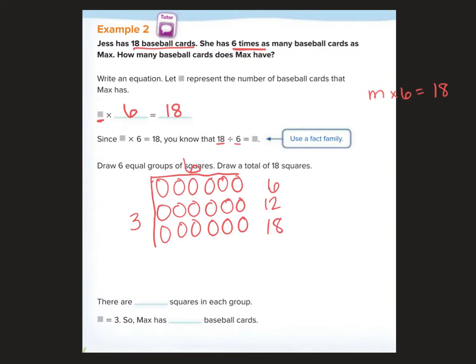Notice I have 6 in each row and 3 in each column. So I know that 18 divided by 6 is 3. So that means that 3 times 6 is 18. There are 3 squares in each group, and I've got 6 groups. So the unknown is 3, so Max has 3 baseball cards.